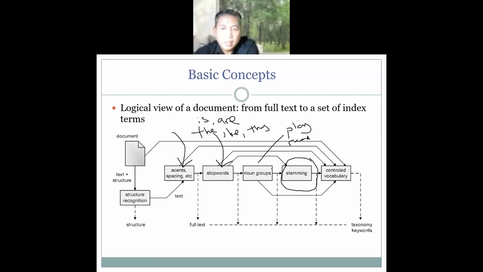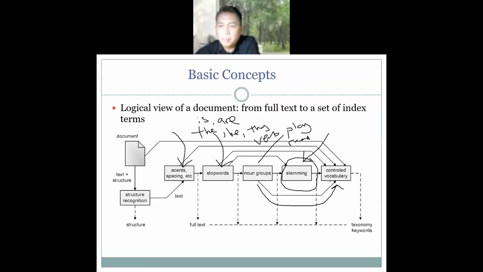Once we get all these words, we perform the stemming, except for the person or individual or things. That one will be skipped. We don't need to do the stemming for those, but verbs like playing, player, and so on need to go for stemming.